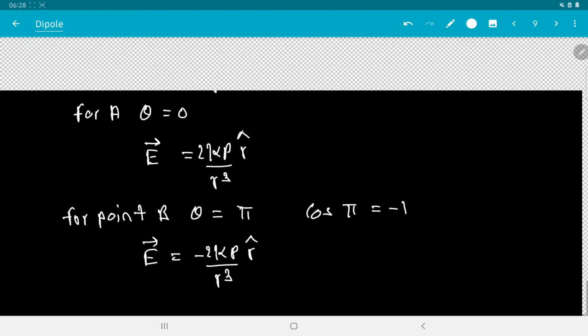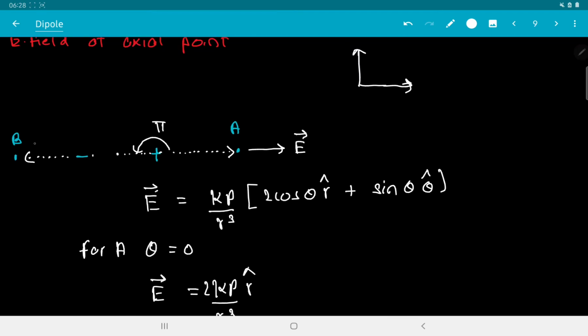But this negative r cap direction means again it will be directed along the positive x-axis. And what is the direction of the dipole? The direction of the dipole, if you see, is also in the same direction. So along the axis, at any point the electric field will be in the same direction as that of the dipole moment. So this is an important result that we have obtained, which we can use for solving problems.